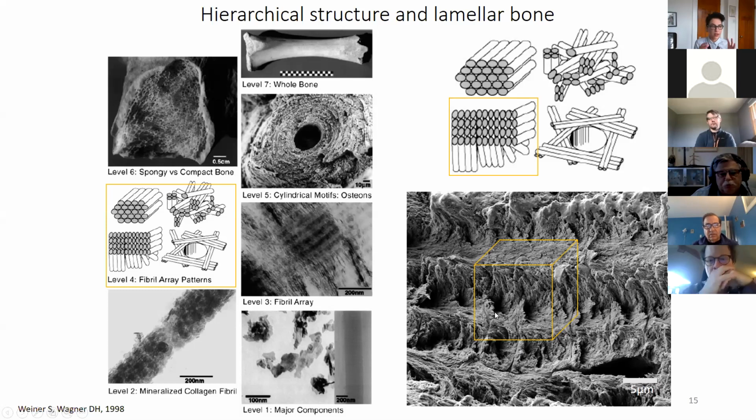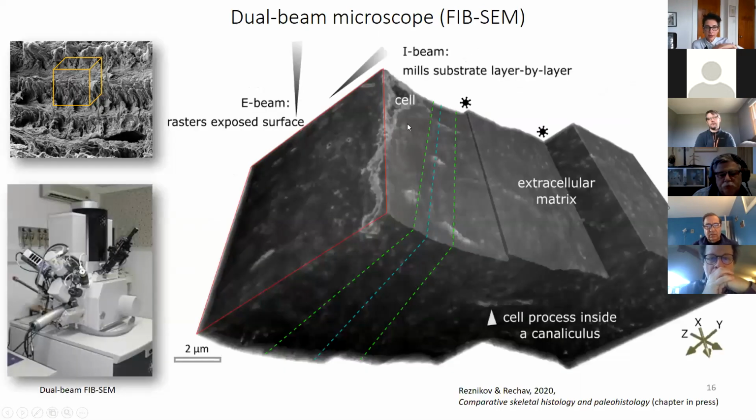But this is a fracture surface, right? It doesn't give us complete, high-fidelity three-dimensional information. And exactly around that time, the dual beam microscope, also known as the focused ion beam scanning electron microscope, made its way into life sciences.